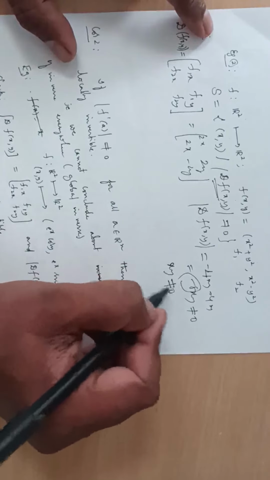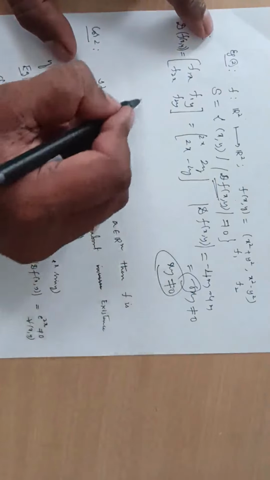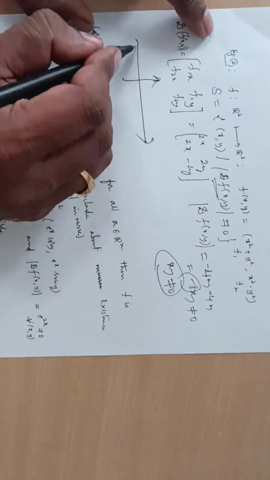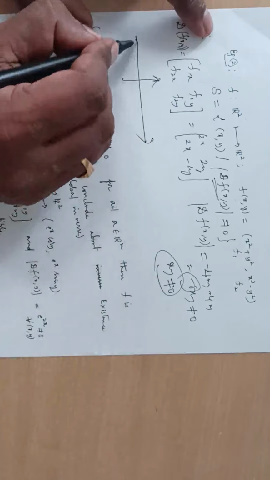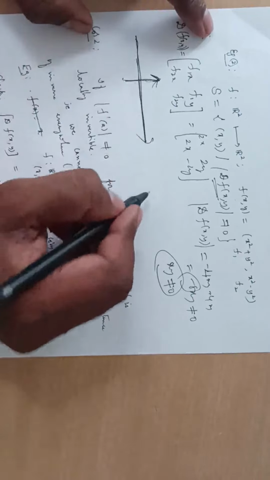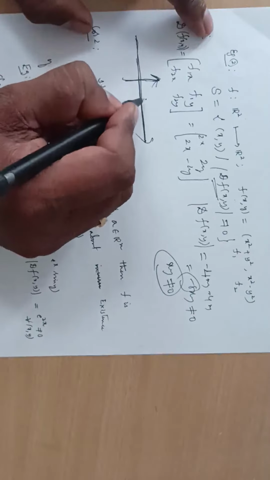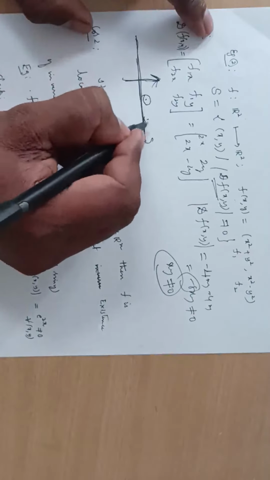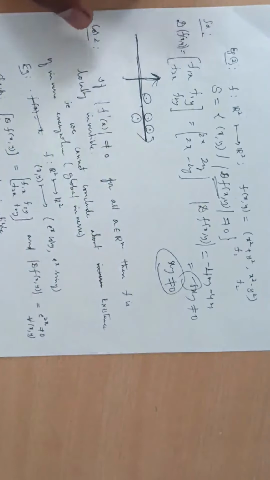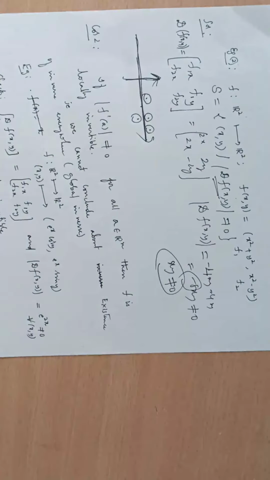So x and y should not be 0. That means in the plane R2, if you remove the x and y axis, apart from the x and y axis, if you take any point, it is invertible, but not on those points.